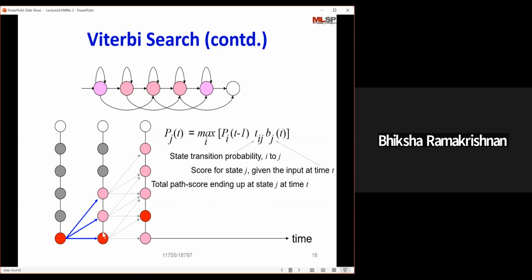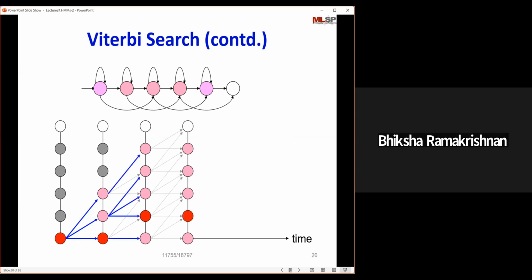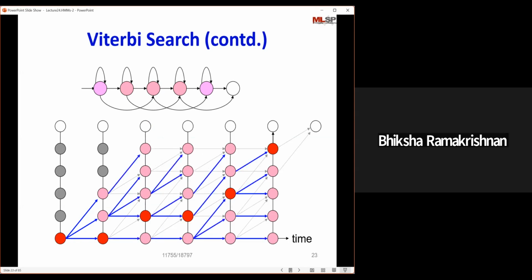Then do the same thing at the next time instant and the next, and keep going forward until you end up at the final time instant, where you could find the most likely state overall. That is the state with the most likely path to it.